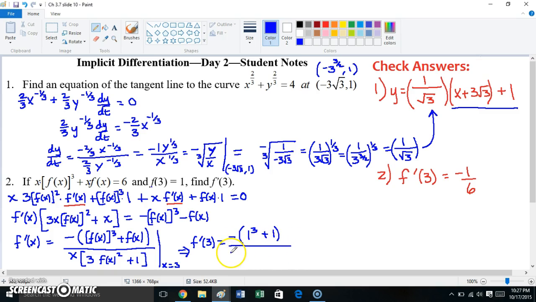over 3 times the quantity 3. F of 3 squared is 1 squared plus 1. All right, so if I haven't made any more mistakes, it looks like I have negative 2 in the numerator, and 3 times 3 minus 1, which is 2, in the denominator.